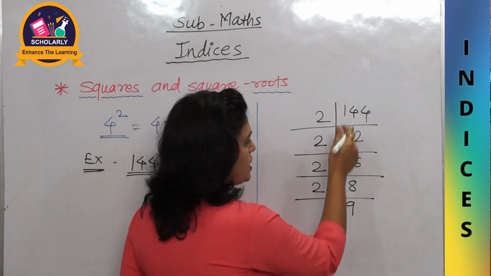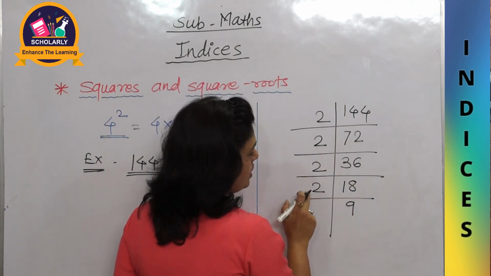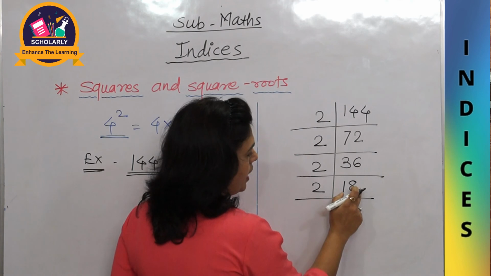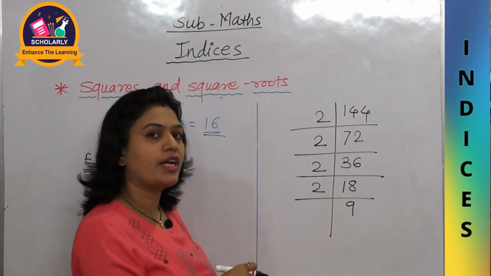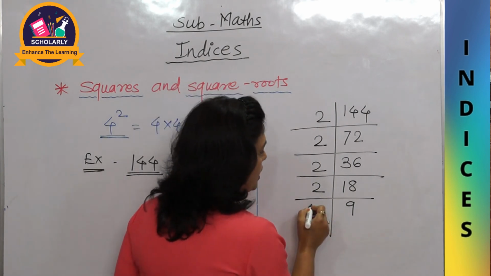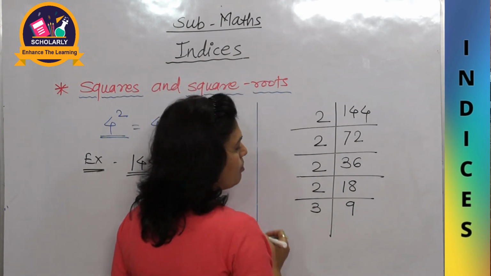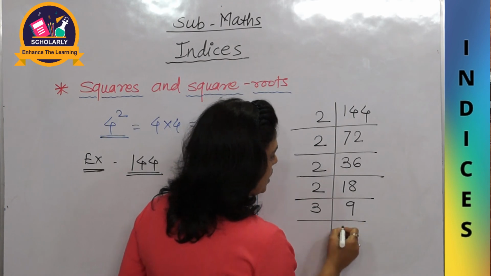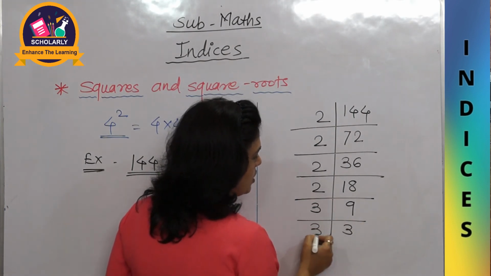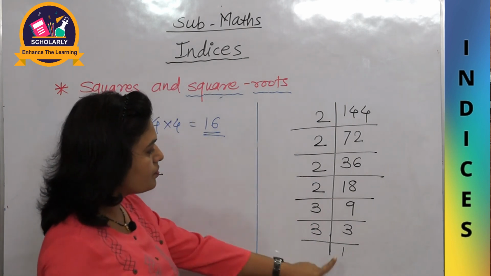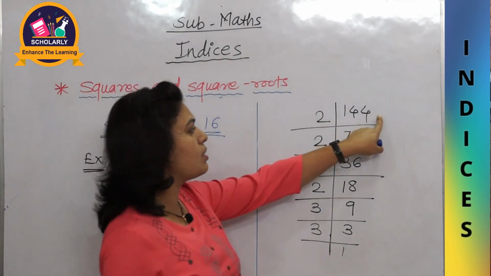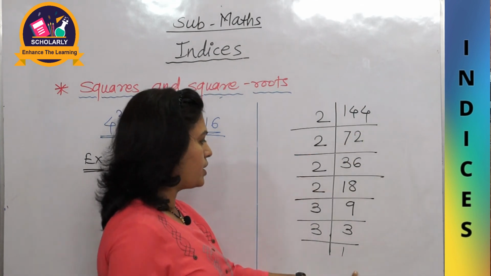Now there is an odd number 9, so we cannot divide this 9 by 2. Write here 3. The next prime number is 3. 3 threes are 9. 3 ones are 3. So we have factorized this number 144 like this.